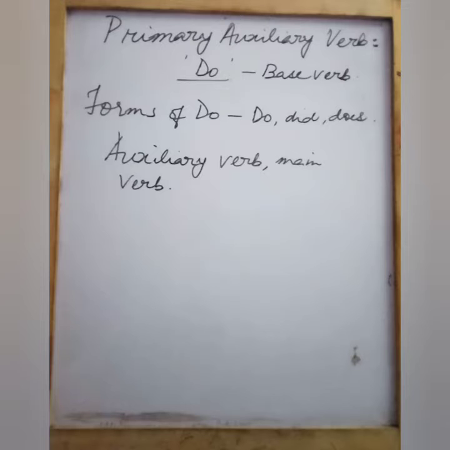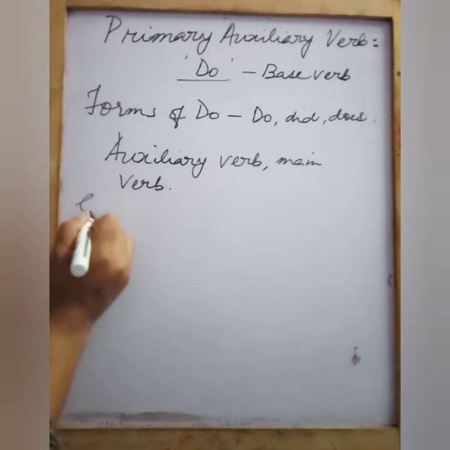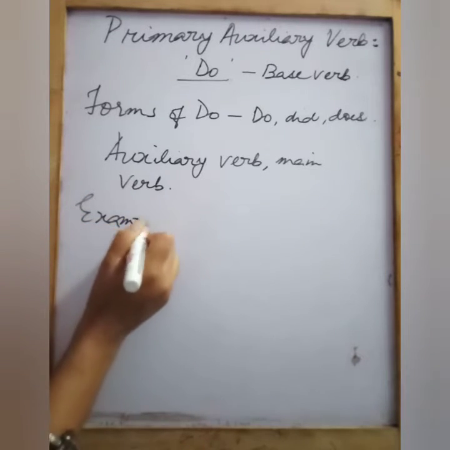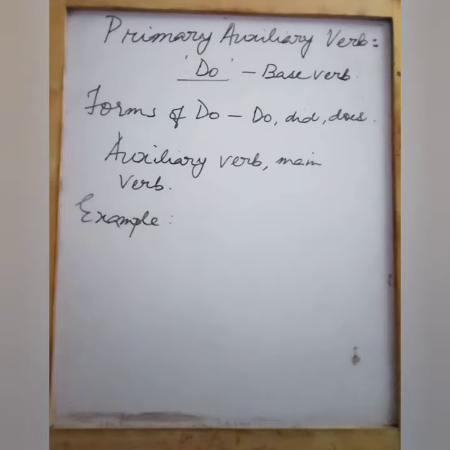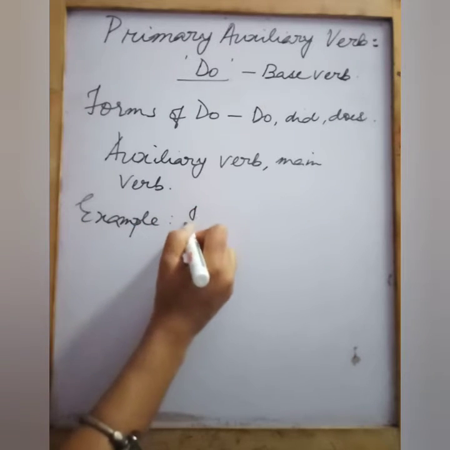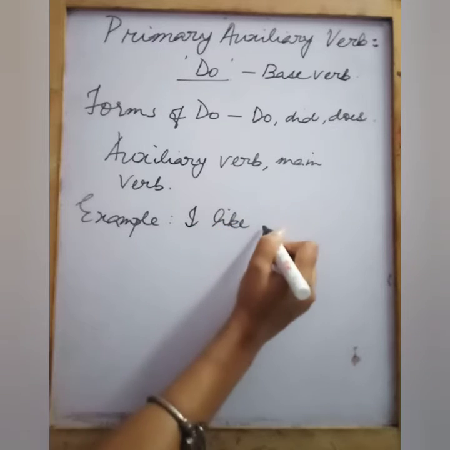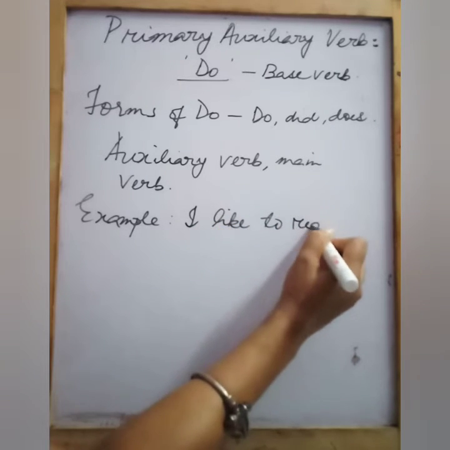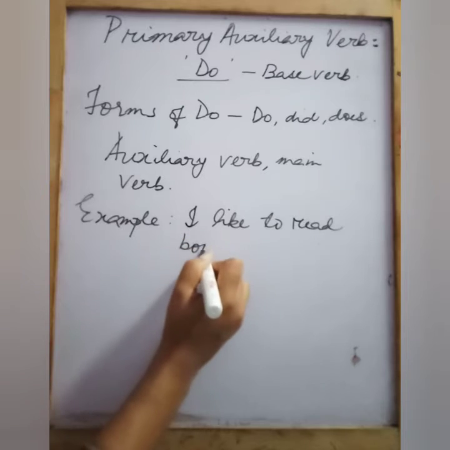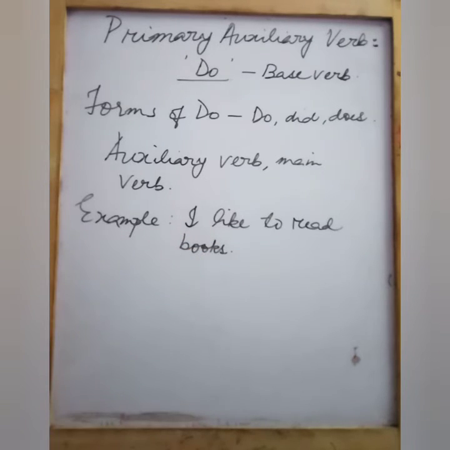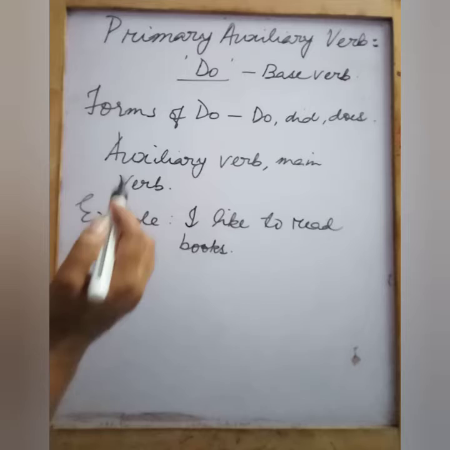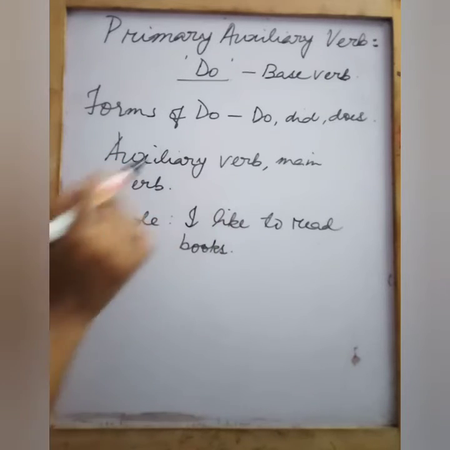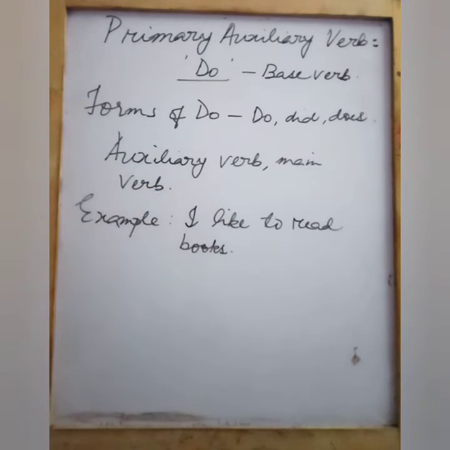Fine. Now I'll take an example. Say I write, I like to read books. Now suppose I want to change this into a negative sentence. So how will I do it? I will use the auxiliary verb. I will use the verb do in the auxiliary form as a helping verb. And how will I do it?